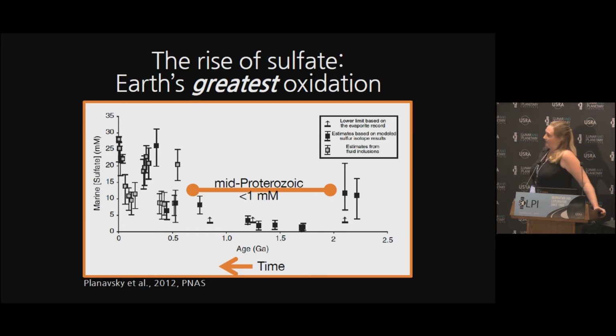But anyways, we think that sulfate generally increases with increasing atmospheric oxygen, but the details of that relationship are really complex. The oxidation of sulfides during weathering has been complete since the GOE, since about 2.4 billion years ago.